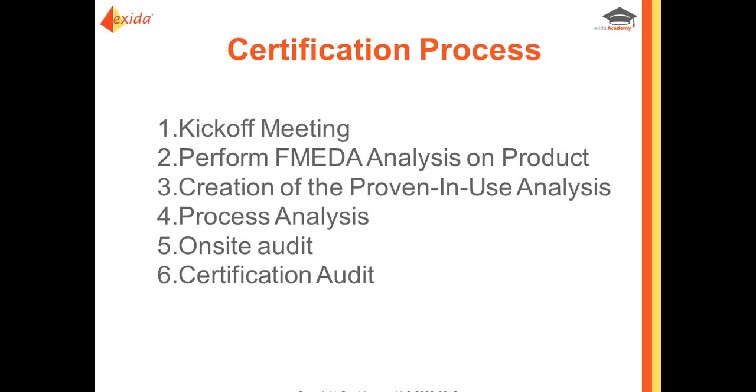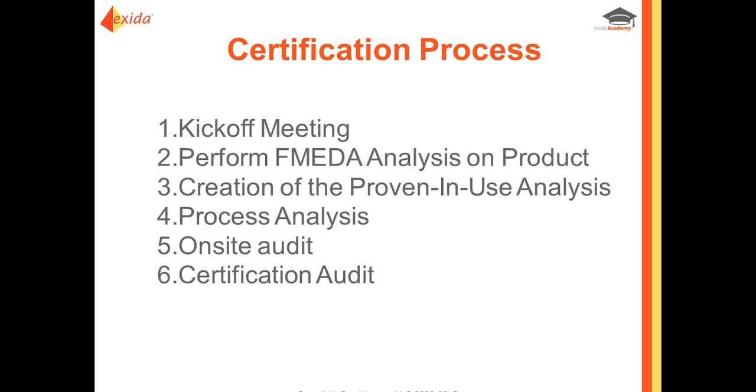We then do a proven in use analysis if the product has been in the field for a number of years. If it has been, we compare the proven in use analysis to the FMEDA results and failure rates to make sure that they line up. If it has not been in the field, we'll look at validation and verification test plans and test results.